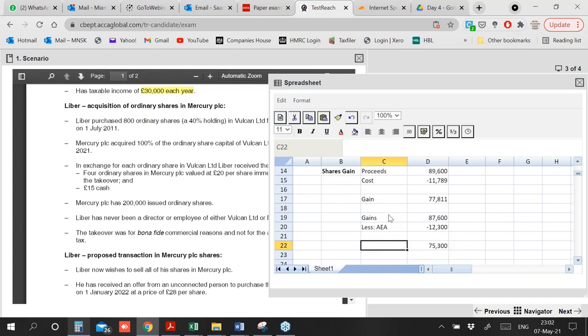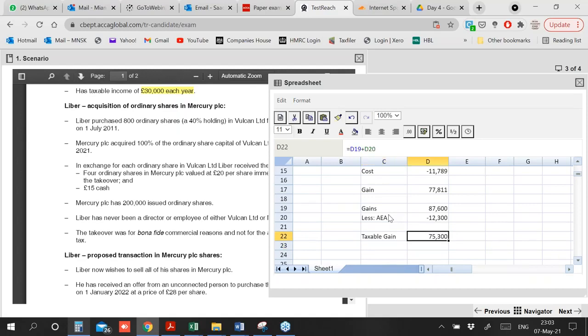So her taxable gain will be this. However, the question asks us about the CGT implications. If she had been mentioned as a higher rate taxpayer in the question, I would have immediately multiplied by 20% and whatever the answer is, that would have been the CGT. But the examiner has made the question difficult for me by telling us that her taxable income is 30,000.